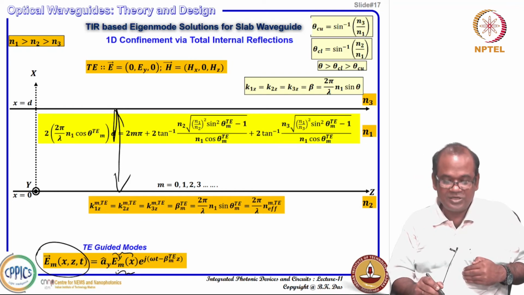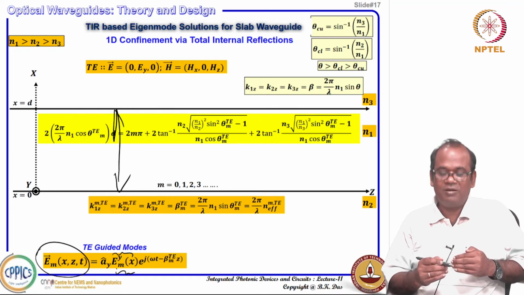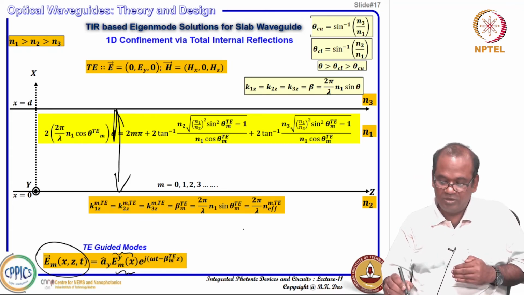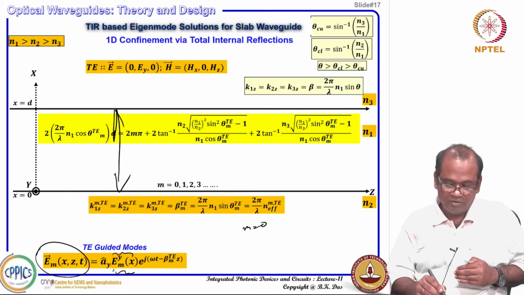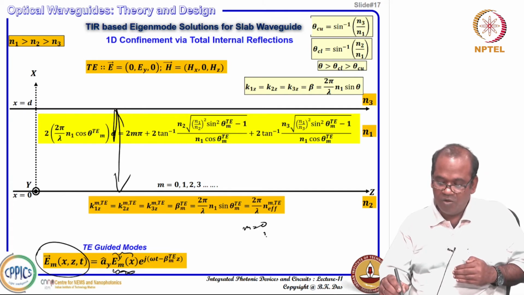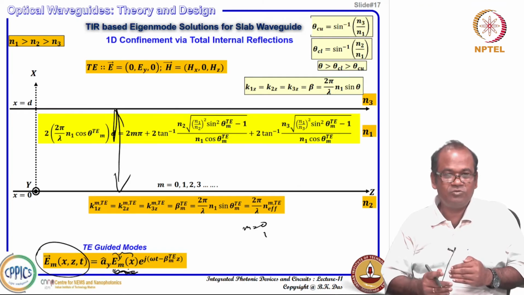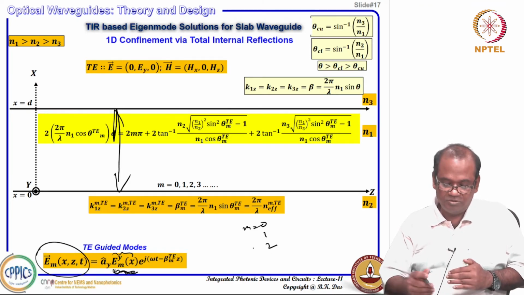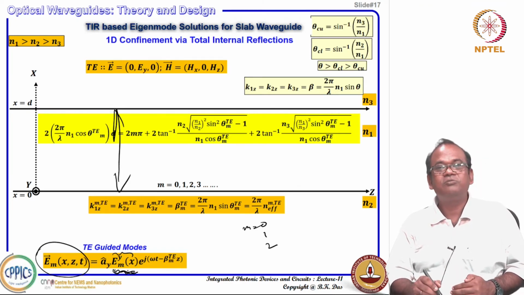And then you can see that for a particular mode, say m, for m equal to 0 you will get one particular distribution, m equal to 1 you will get another distribution along the x direction, m equal to 2 another distribution along the x direction.